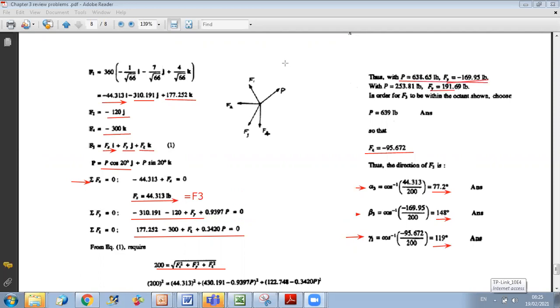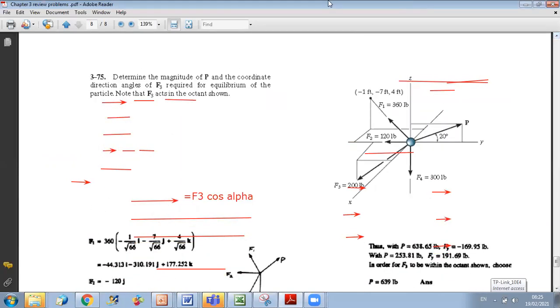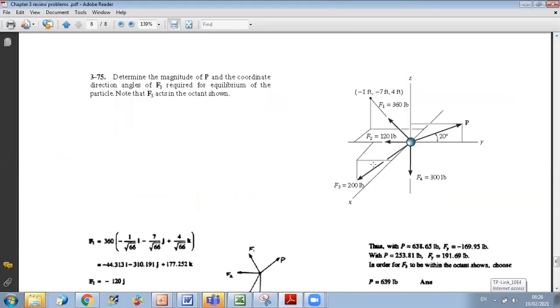For F3, how did we project along the y-axis? Yes, Marisa, let us go back to the figure. If you look here on the figure, the F3 vector, they show you the projections along the three axes. This line here represents the projection along Z. It's clear that the projection of F3 along Z is negative.